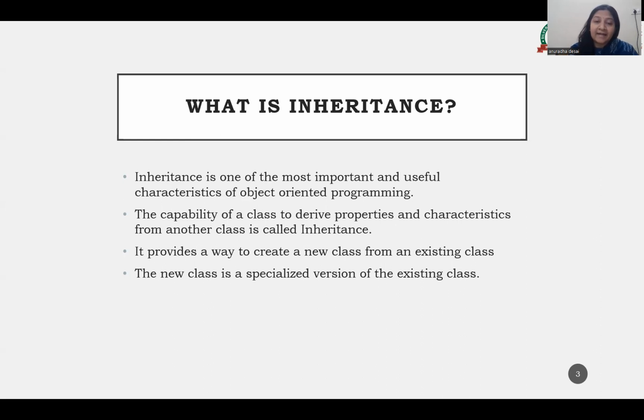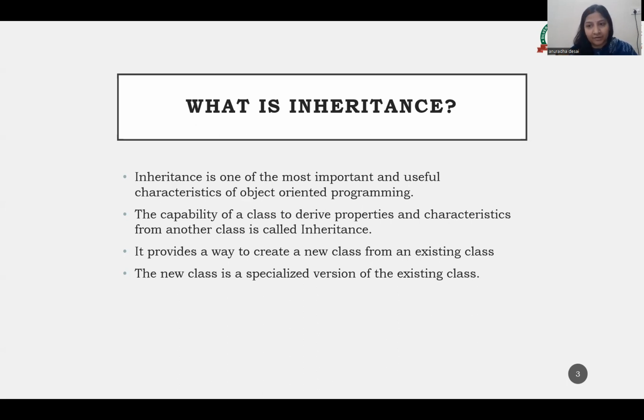So inheritance is a feature, or we can say a process, in which new classes are created from the existing classes. Again, I repeat, inheritance is a feature or a process in which new classes are created from the existing classes.